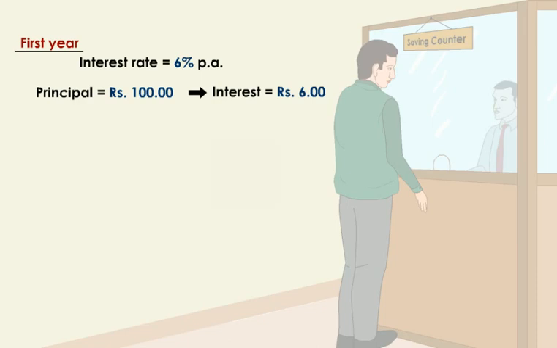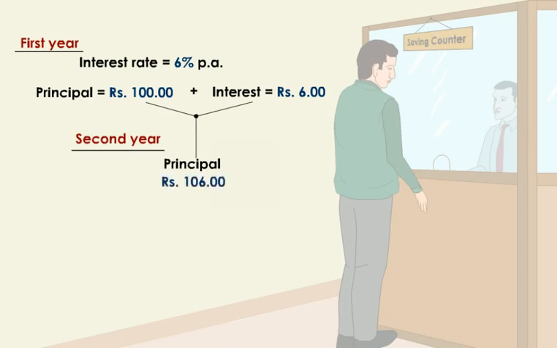This interest of rupees 6 is added to the principal so that the principal for the second year is rupees 106, and the interest for the second year will be 6% of rupees 106. That is rupees 6.36.